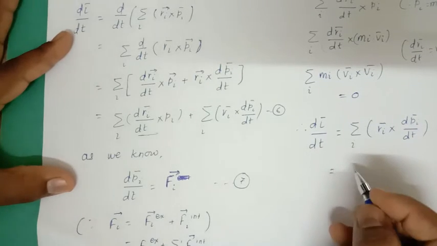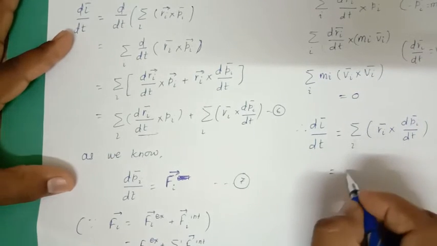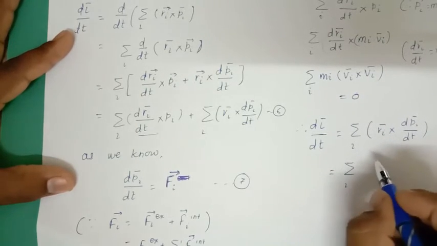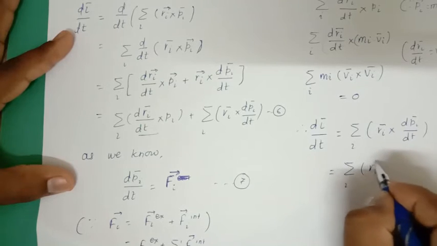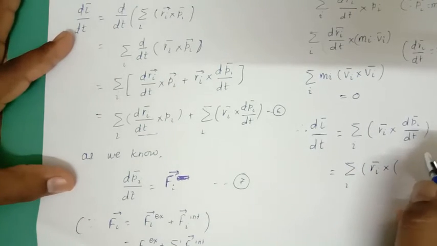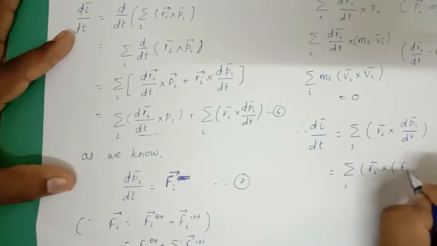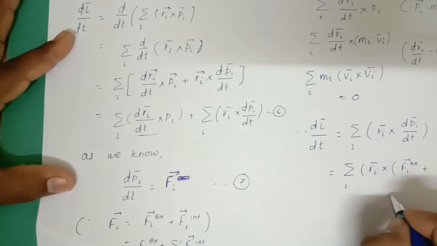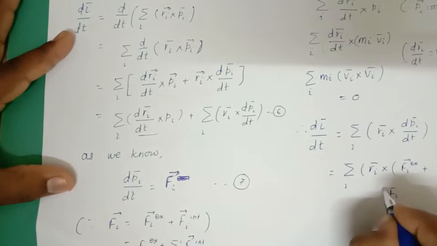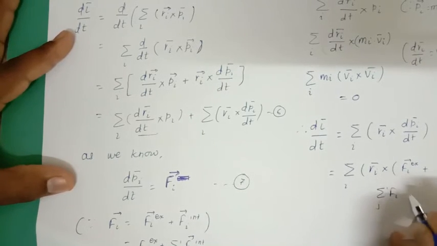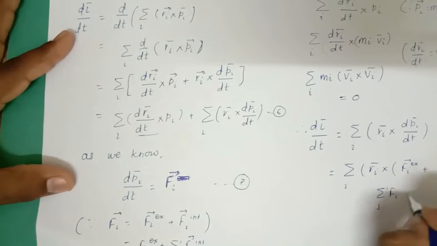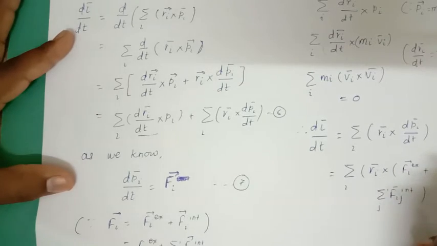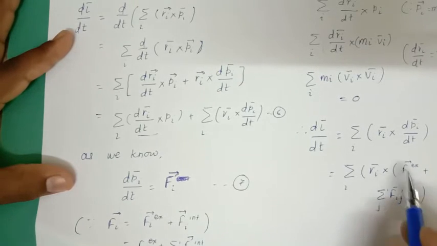So instead of this dpi by dt I'll write this value. So how can I write this term? dL by dt can be written as summation over i as it is, ri cross, and we have these two terms, that is Fi external bar plus summation over j prime Fij internal. So separately take a cross product of these two vectors.